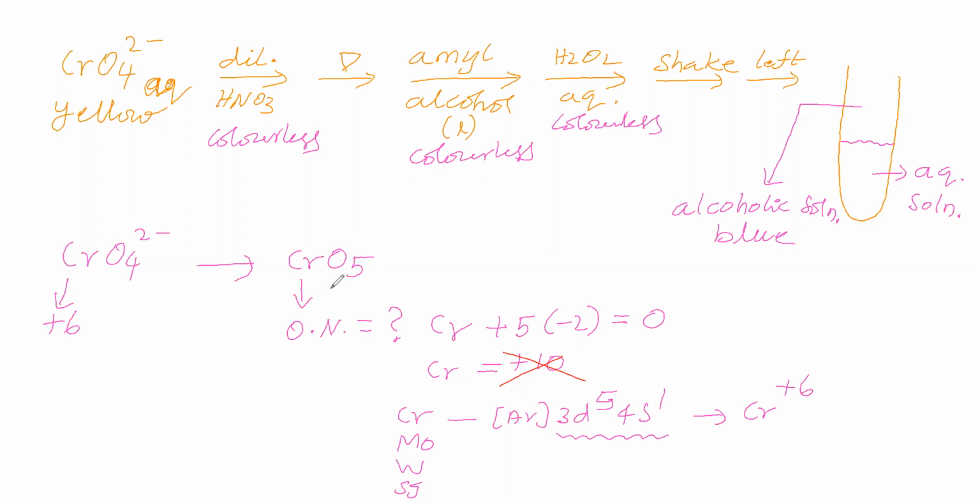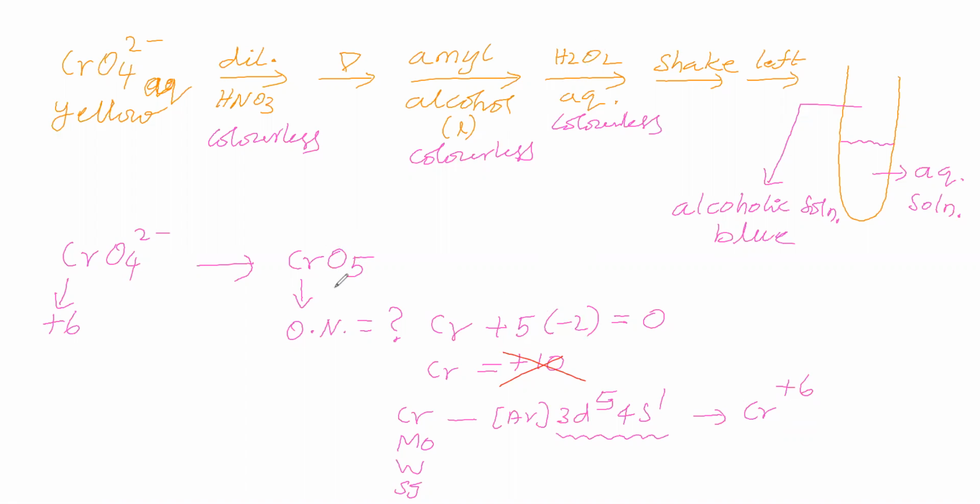Sir, how many oxygens are having minus 1 oxidation number? How to find it? We have to take oxidation number of this chromium as maximum possible value. Now, we are taking chromium oxidation number as plus 6. Why should we take it? In order to know how many oxygens are having minus 1 oxidation number and how many oxygens are having minus 2 oxidation number.